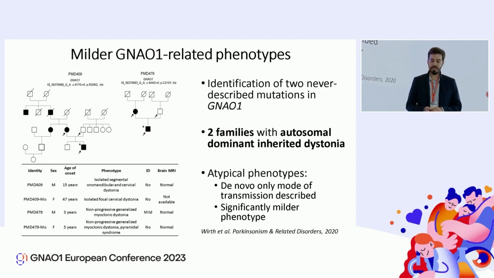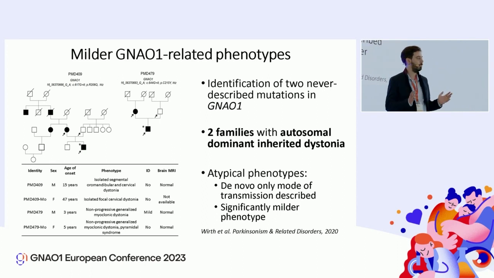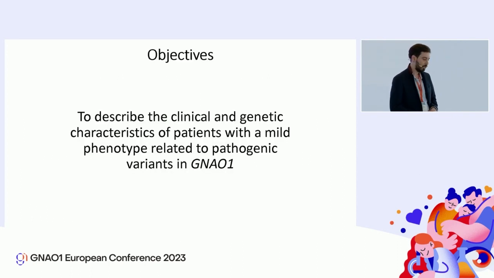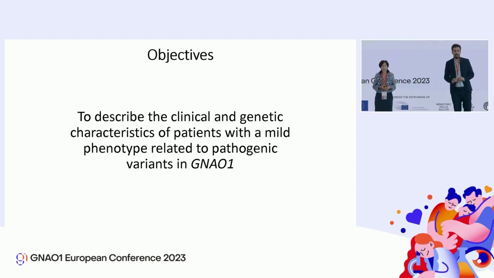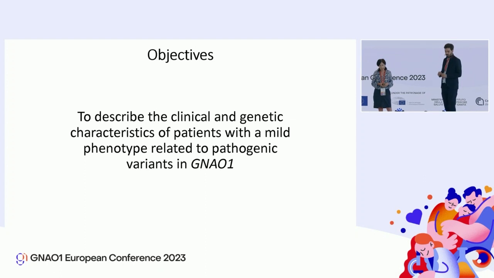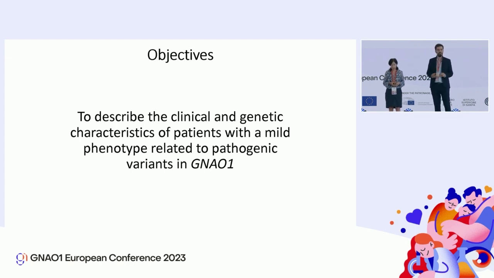So we decided to go further and try to identify other patients with milder phenotypes. The objective of this study was to describe the wide phenotypic spectrum associated with GNAO1 pathogenic variants, the clinical and genetic characteristics, through the creation of a very large cohort of patients with mild phenotypes.